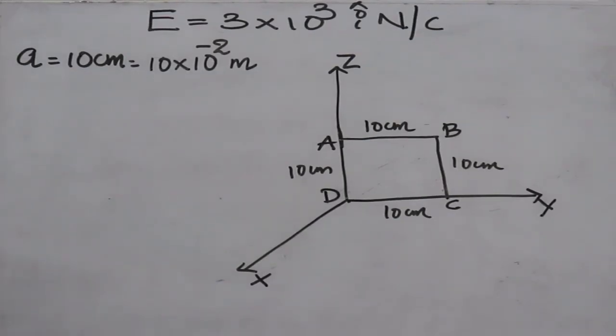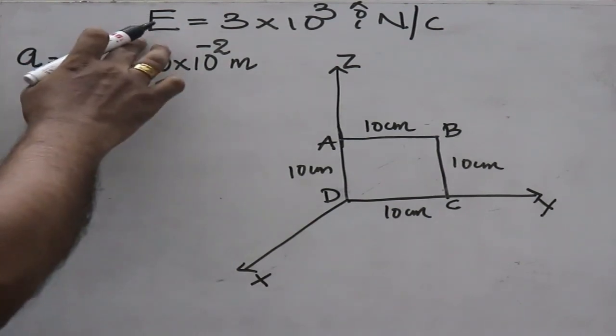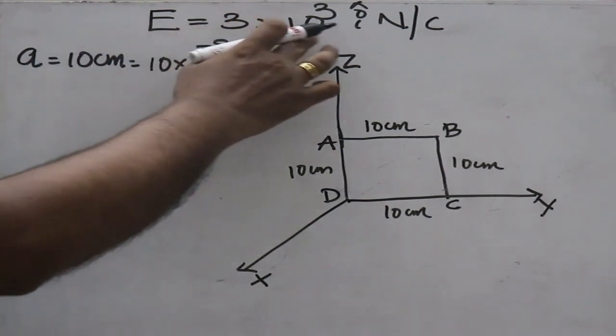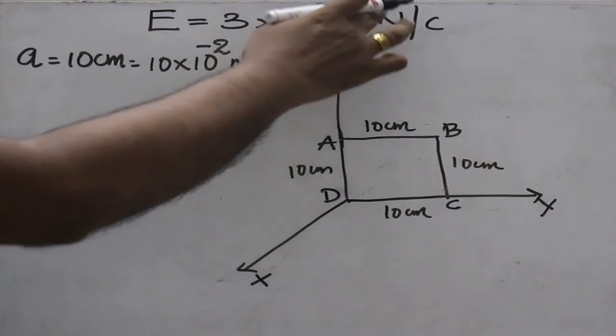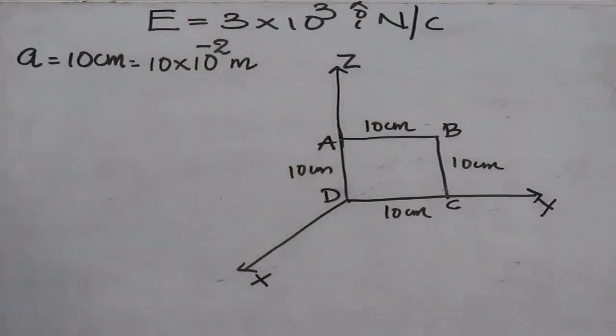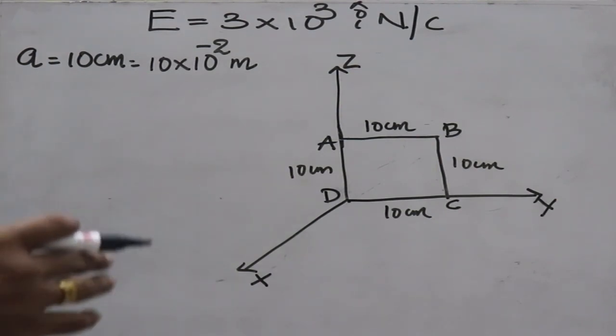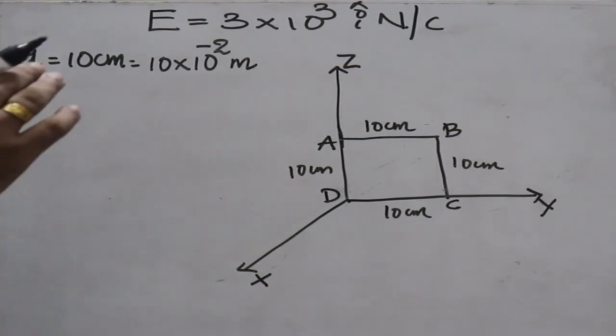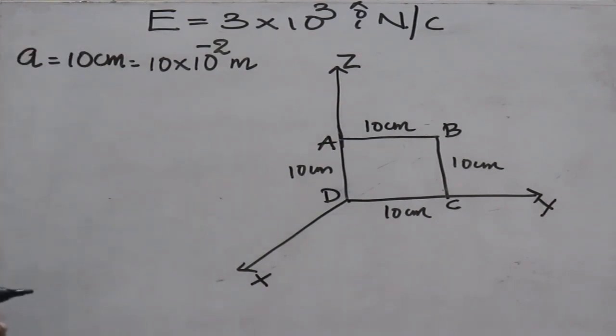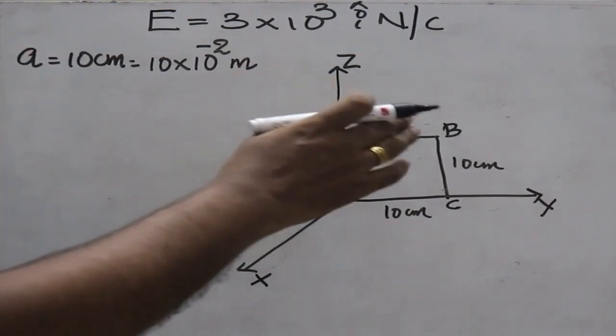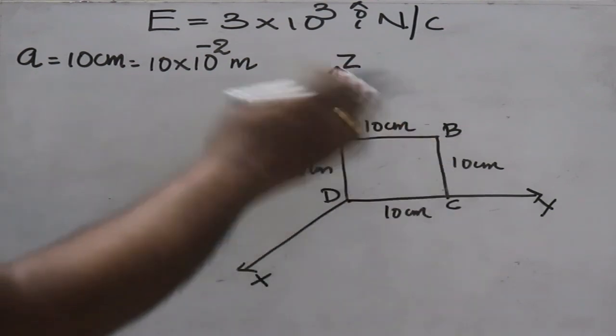The problem says that the electric field is 3 into 10 raised to 3 i cap Newton per Coulomb. That means the electric field is acting along the positive x-axis. The problem says we are considering a square that is parallel to the YZ plane.